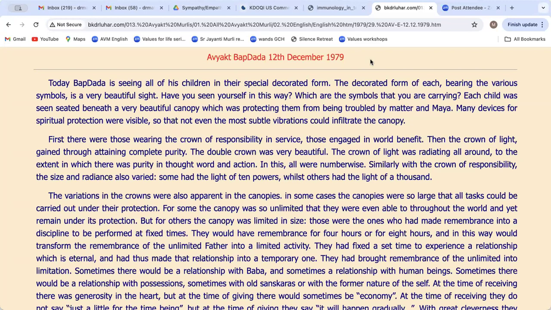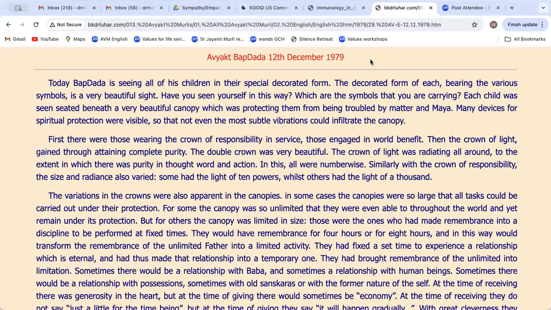Baba is going on to say, you have made your remembrance into a discipline to be performed at fixed times only. They would have remembrance for 4 hours or for 8 hours. And in this way, they would transform the remembrance of the unlimited Father into a limited activity. So that's the reason our glow, the radiance, and all that is also limited.